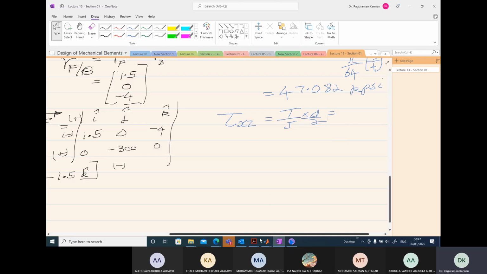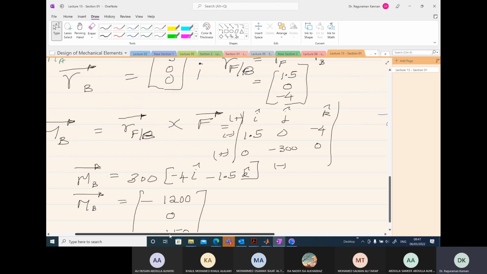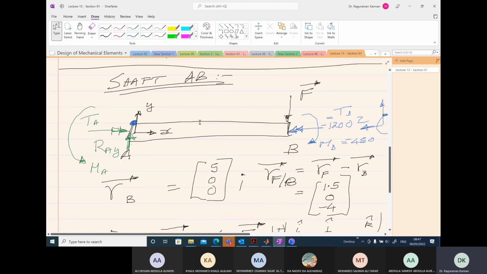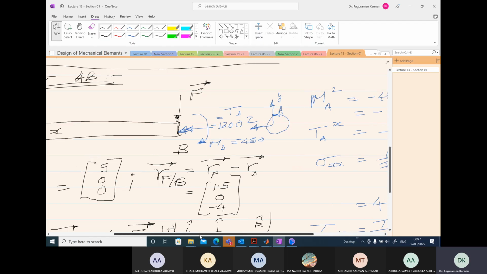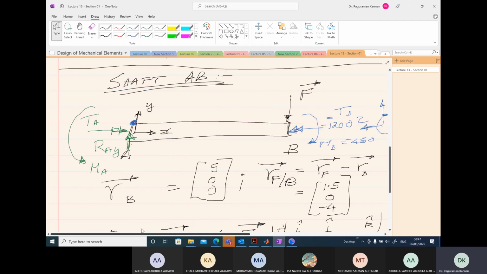Now we need to be careful about the signs for shear stress. In the previous one also we needed to be careful. The torque is in the negative x direction.